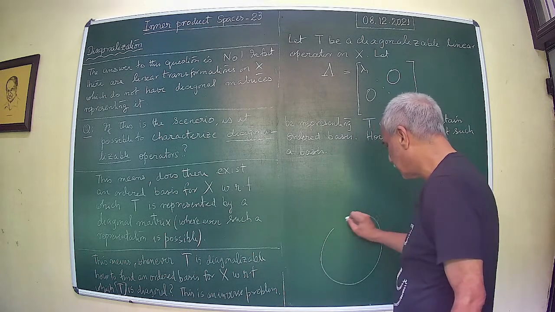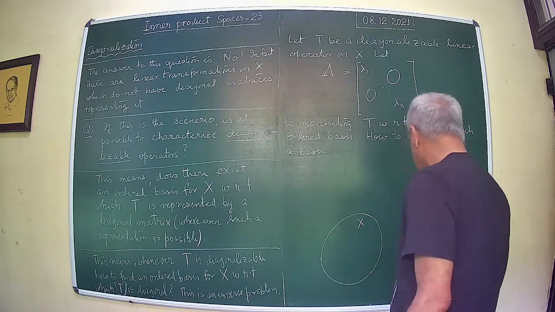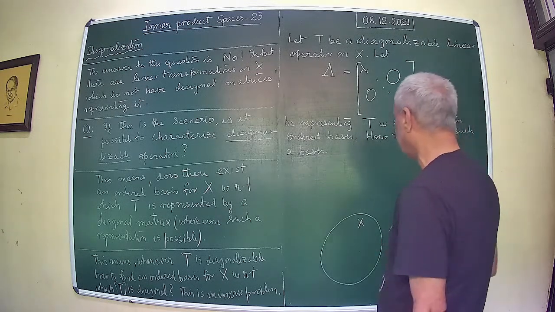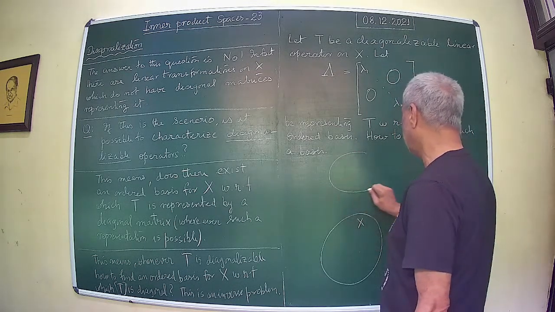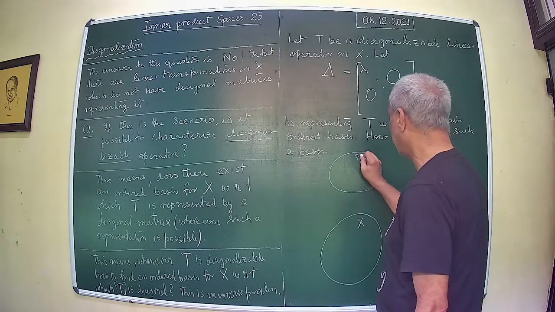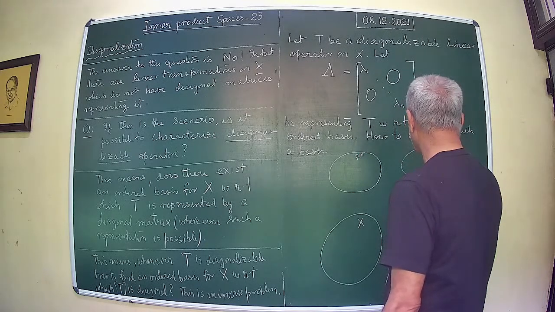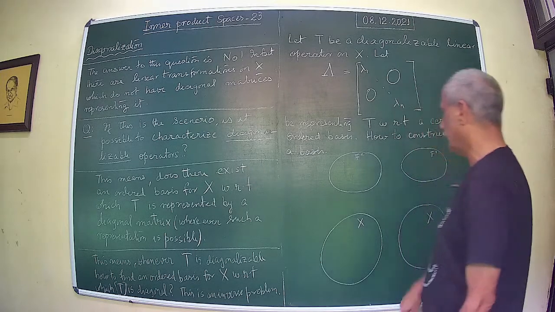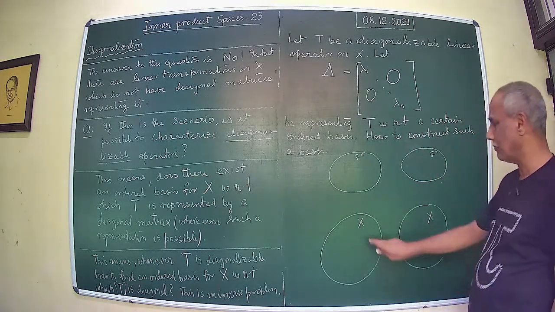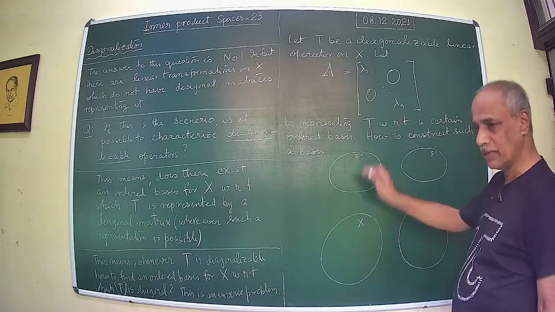See, this is your X. This is another copy of X. For convenience, I am separating it out. Now you see that there is a copy of Fn, which is obtained isomorphic to X through some isomorphism.